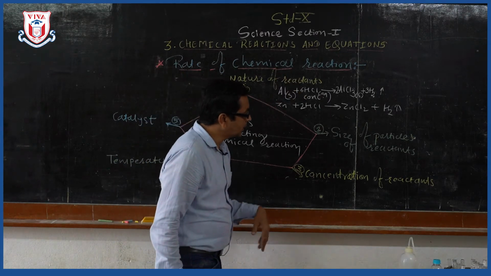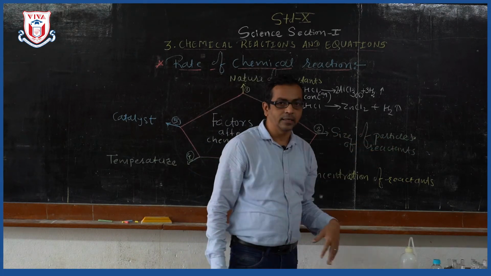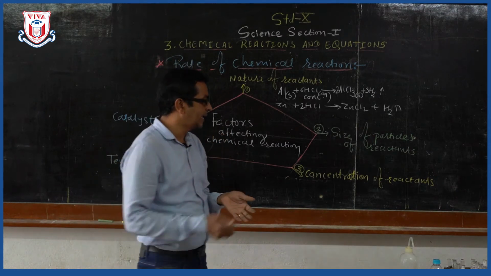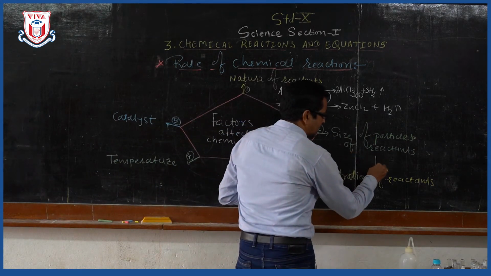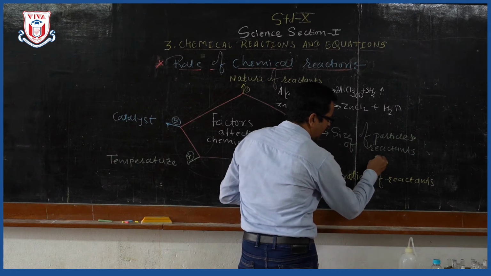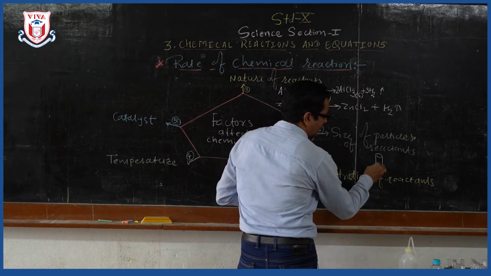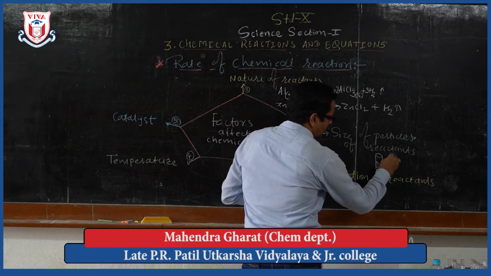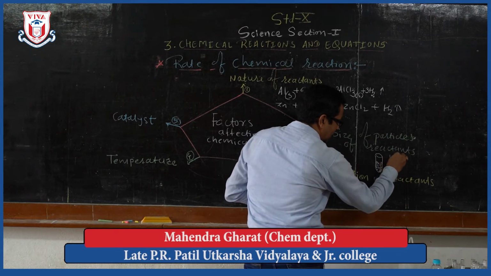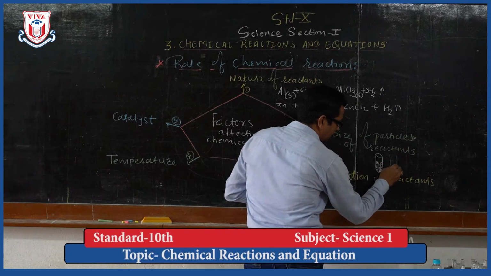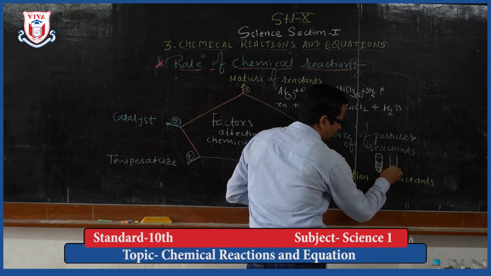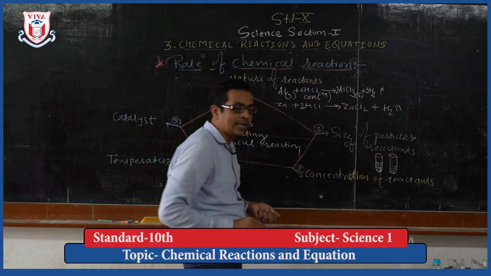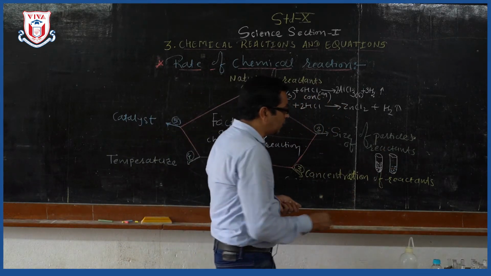Then the next one is the size of particles of the reactant. You know the Shahabadi tiles. Suppose this is my test tube 1, in which we take big pieces of Shahabadi tile, and in the second test tube we take a powder of Shahabadi tile, and then you add HCl.